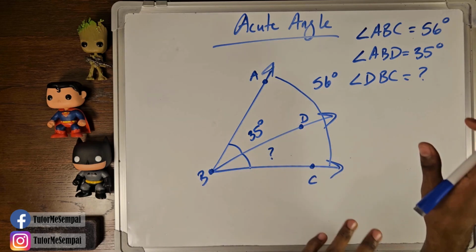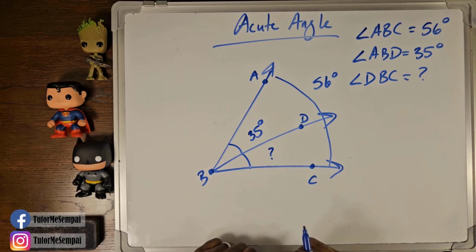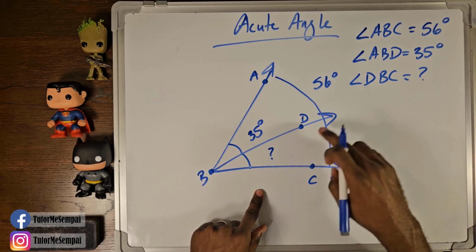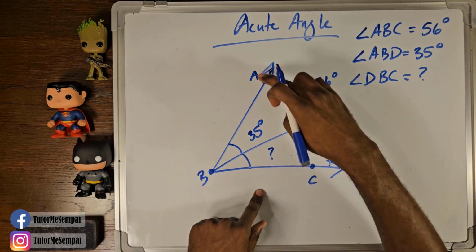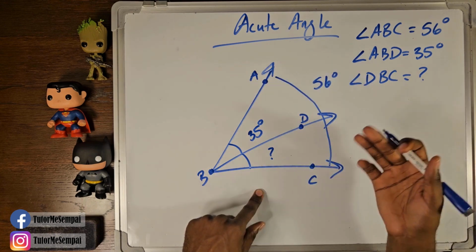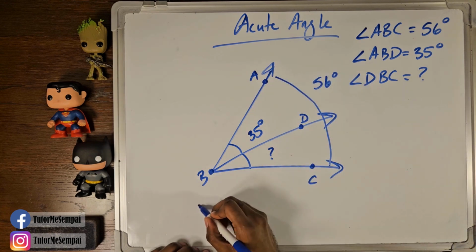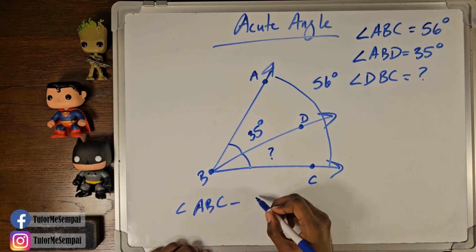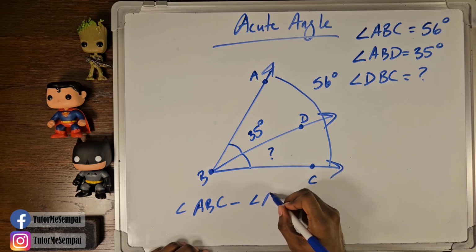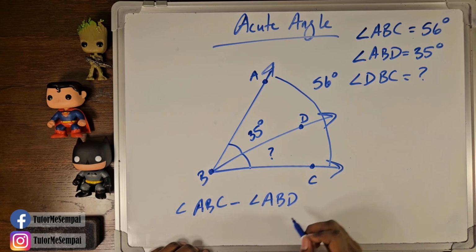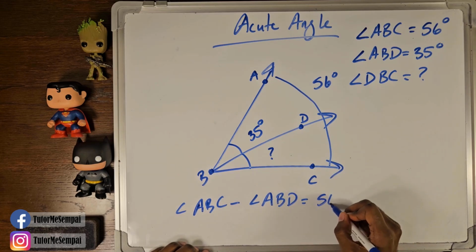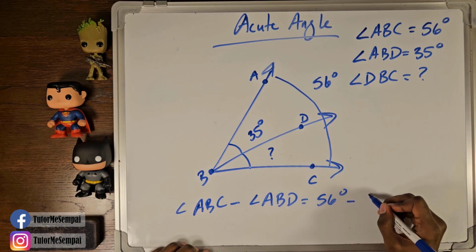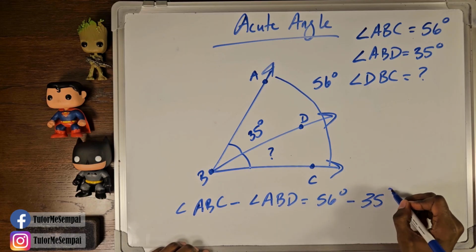Now let's use what we know to find our missing angle. If we're trying to find this DBC and we know the big angle, we're going to do the same thing we've been doing. We're going to do angle ABC minus angle ABD, which we know to be 56 degrees minus 35 degrees.